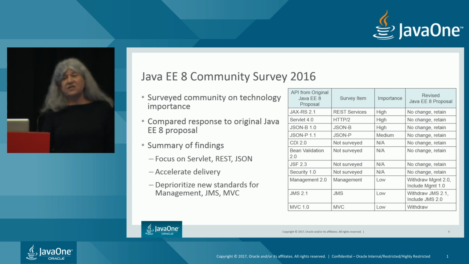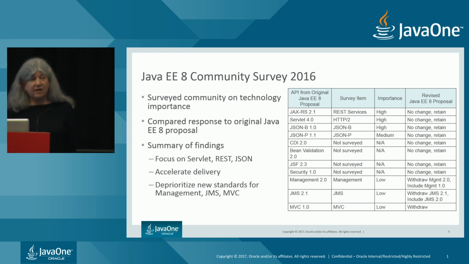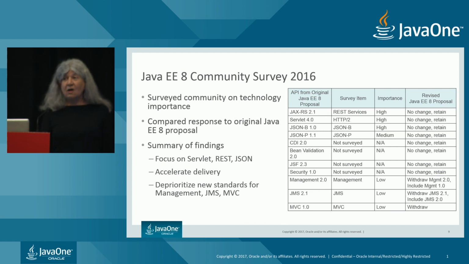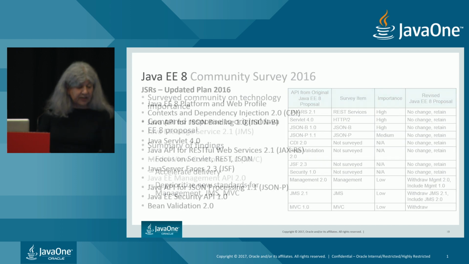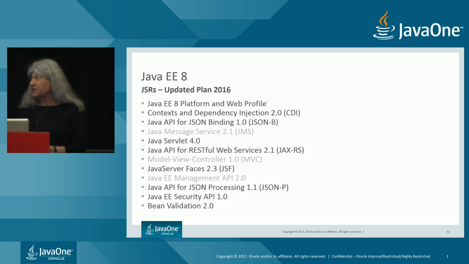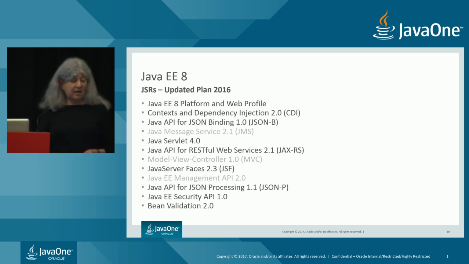What we did with the MVC JSR is we handed that off to members of the expert group, and that has been successfully completed, MVC 1.0, although it's not part of the Java EE8 platform per se. Okay, so this slide reflects the changes that we made, dropping the efforts on JMS and management, and then cutting loose on MVC.